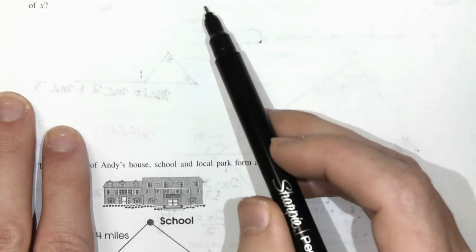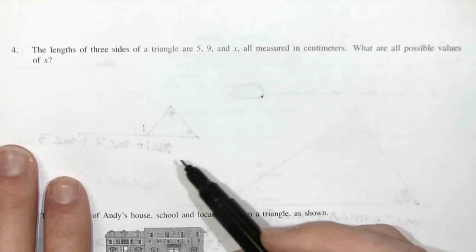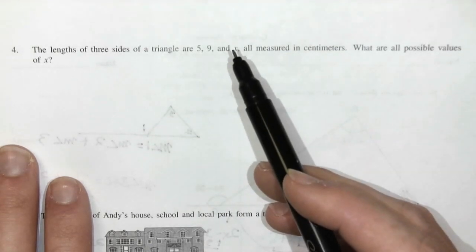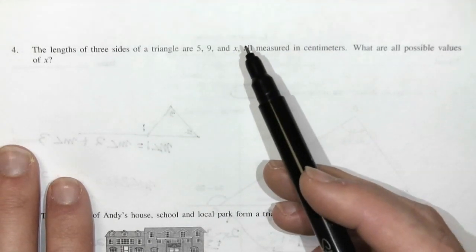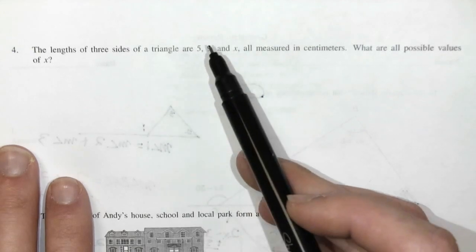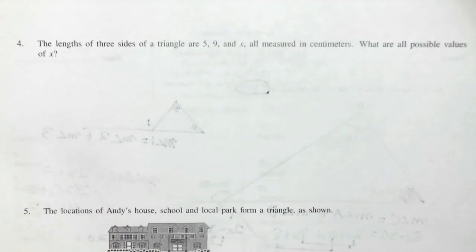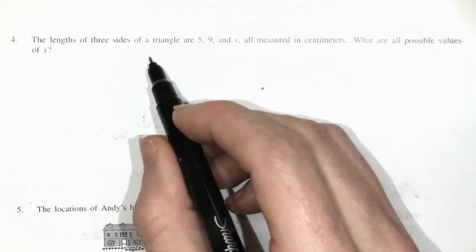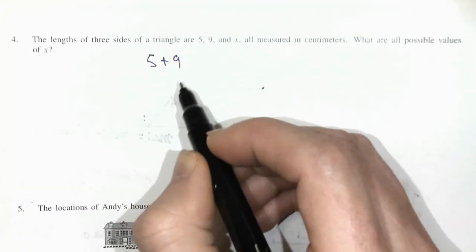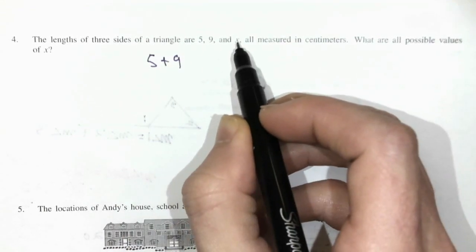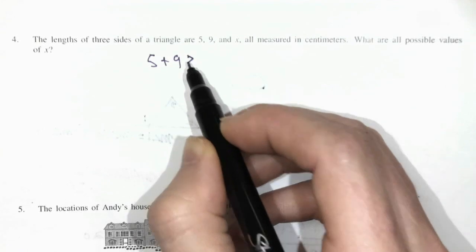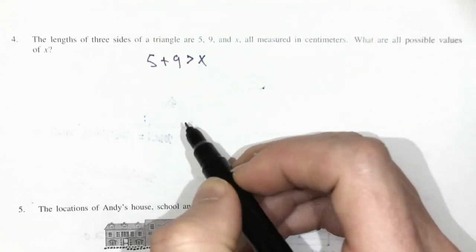So we need a situation where the smallest number added to the second smallest number will be greater than the largest. So if we add 5 plus 9 and we assume that x is the biggest number, then 5 plus 9 needs to be greater than x.